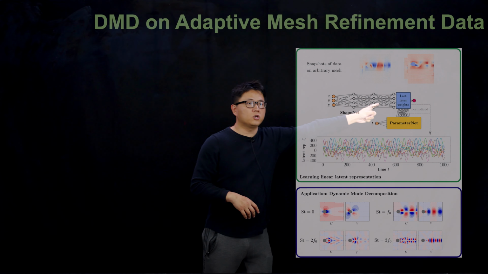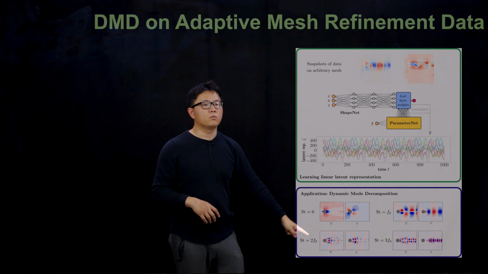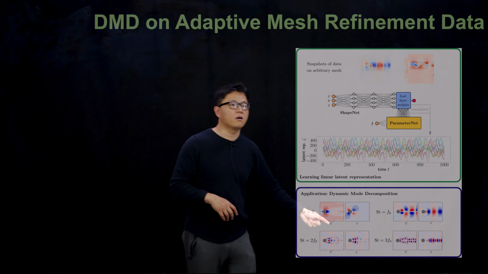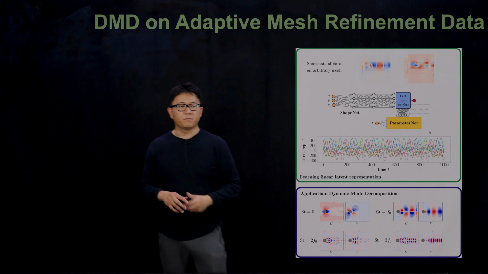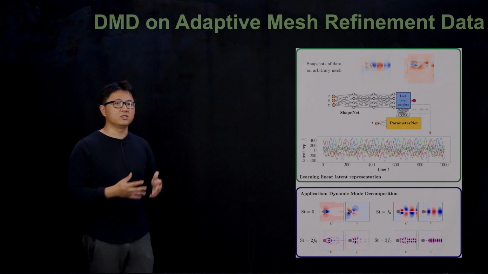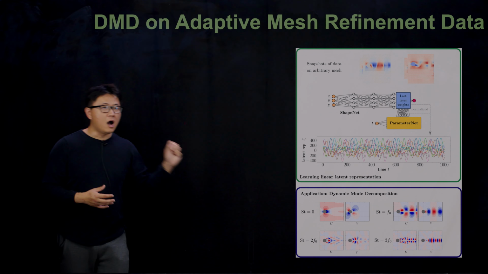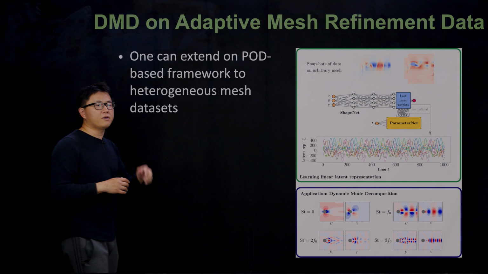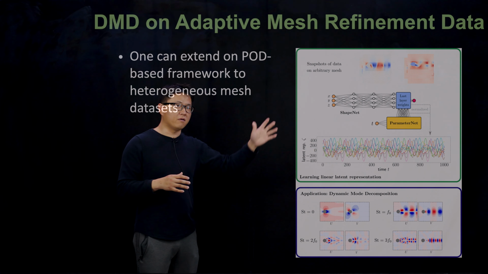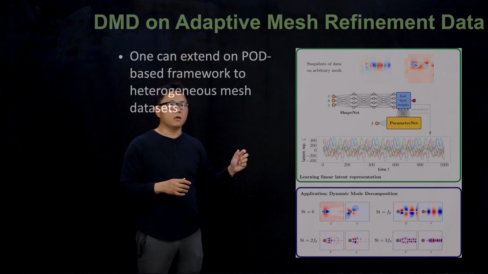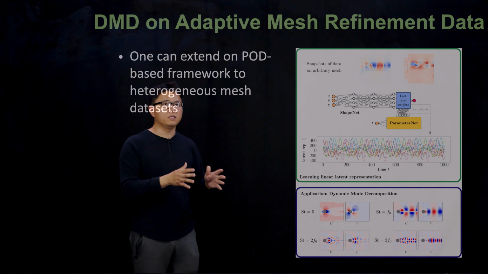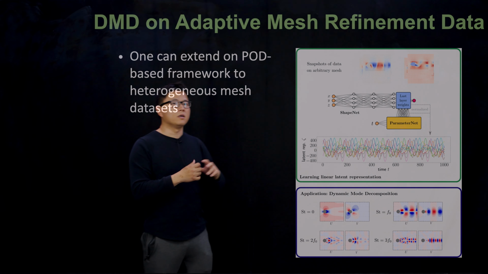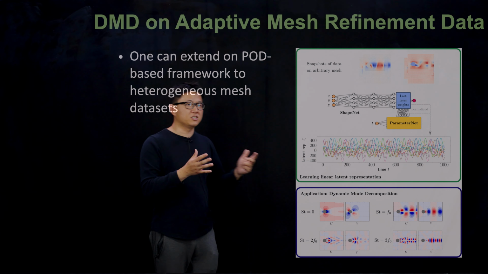With the help of the spatial basis, you can back out the eigenfunctions and the eigenvalues for the problem. So now you have accomplished dynamic mode decomposition on adaptive mesh refinement. The message I want to tell you is that you can extend this type of idea to extend existing POD-based frameworks to heterogeneous mesh data sets.